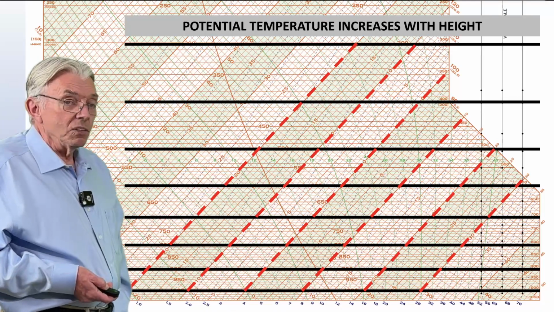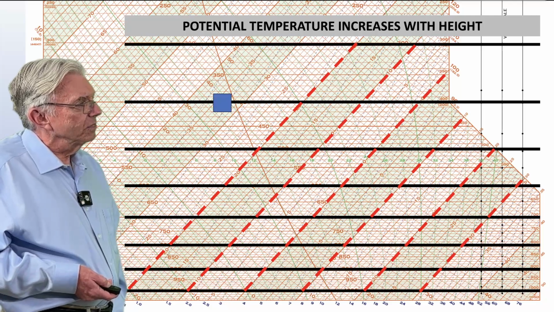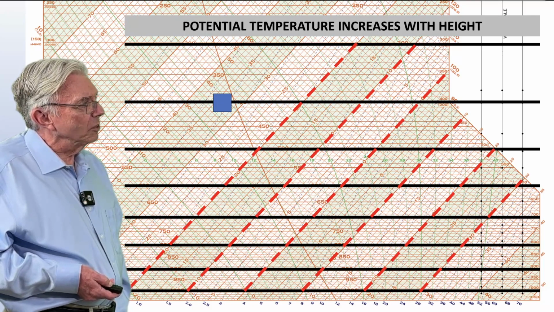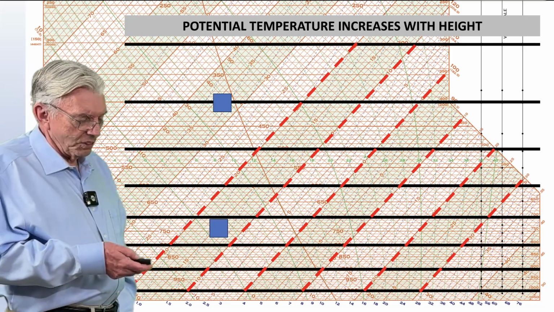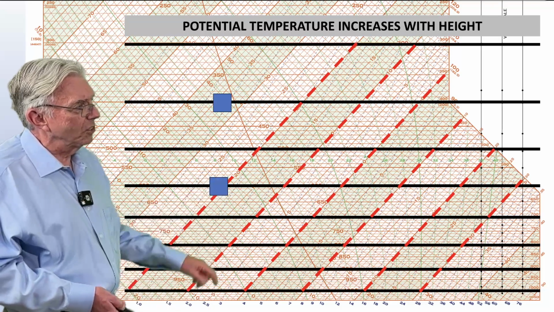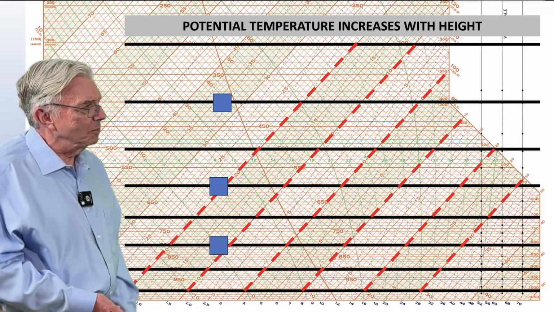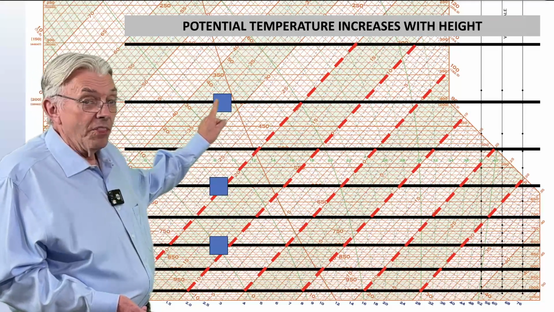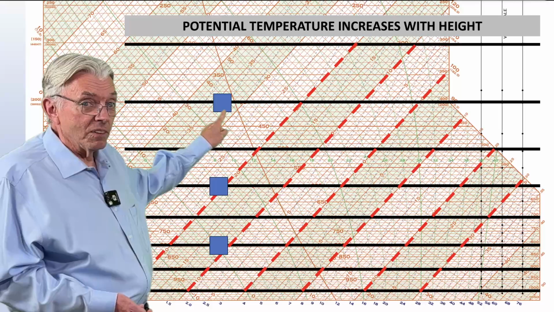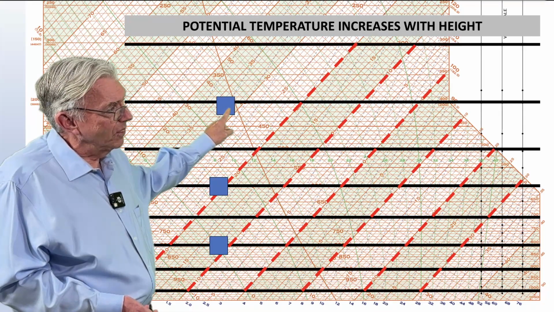Now, I'm going to look at 3 different air parcels, one starting up there at 400 millibars. There's 600 millibars and there's 800 millibars, okay? So this one has farther to travel to get all the way to the ground, right?